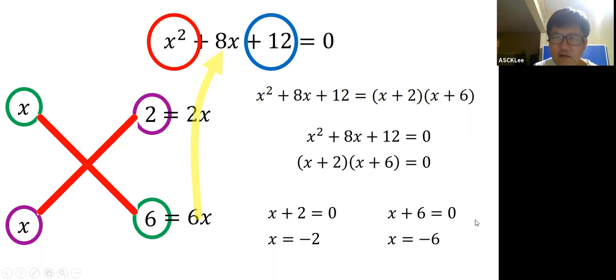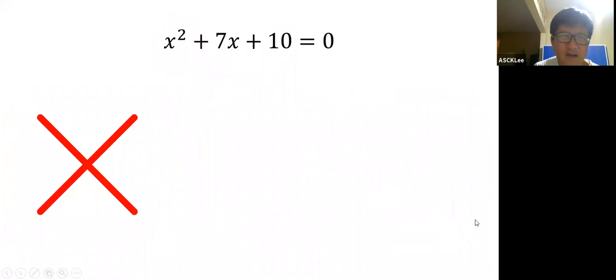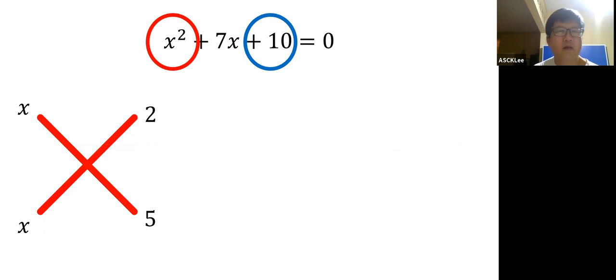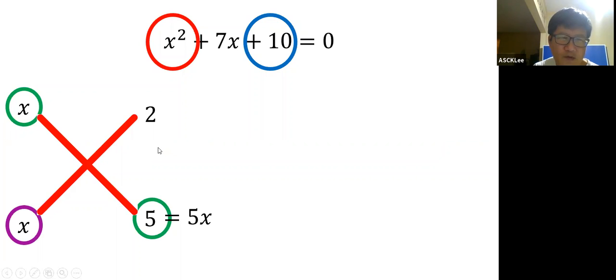Okay, so that's it. Now let's go on to the third question: x squared plus 7x plus 10. Simple. x squared is x times x, and 10 is 2 times 5. Let's multiply this diagonally. x times 5 is 5x, and x times 2 is 2x.